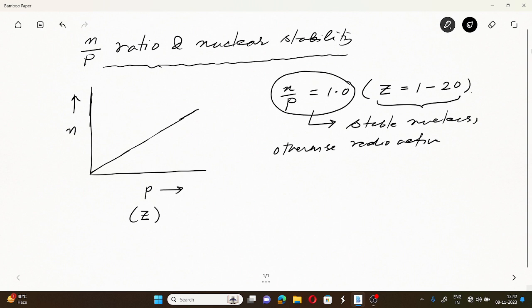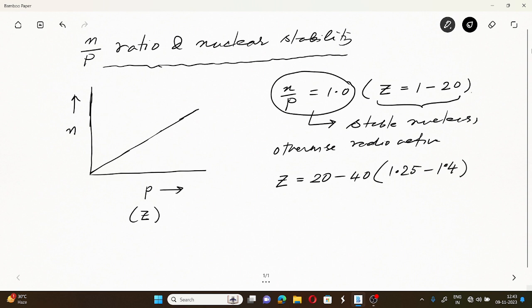Now in a similar way, for nuclei with Z, the atomic number, that is the number of protons, from more or less 20 to 40, it has been observed that the stability zone is around 1.25 to 1.4.